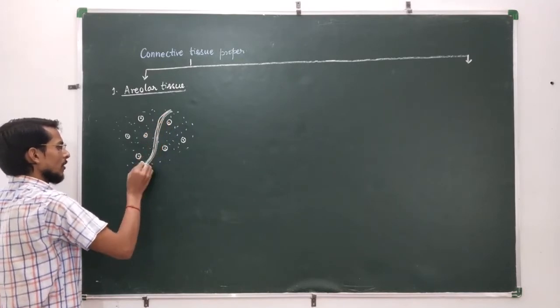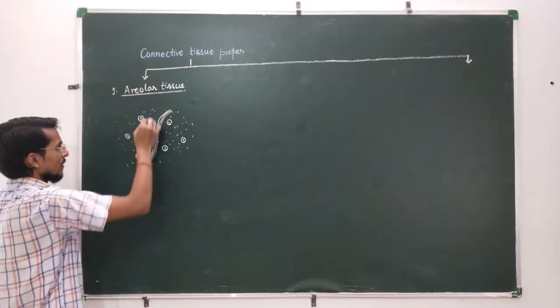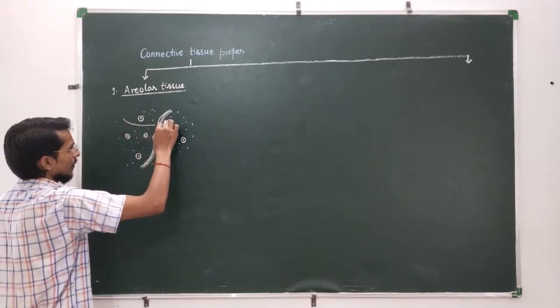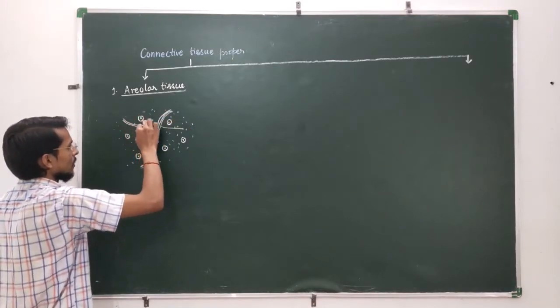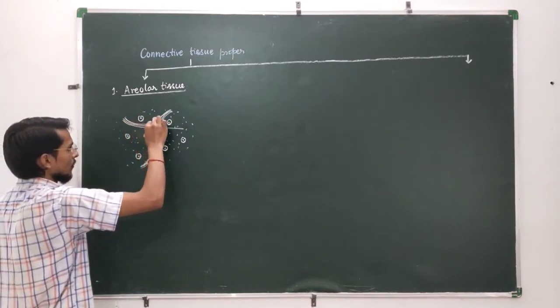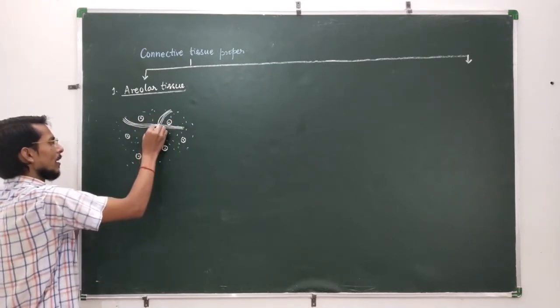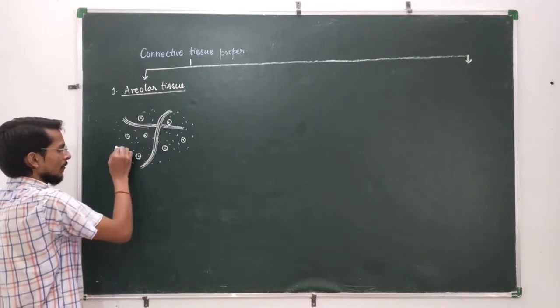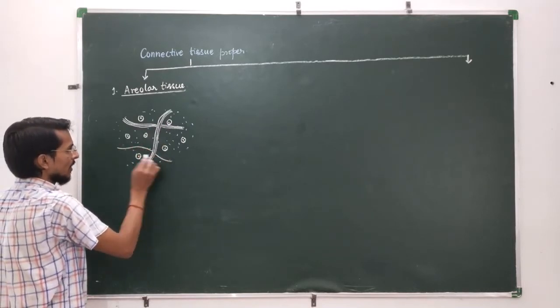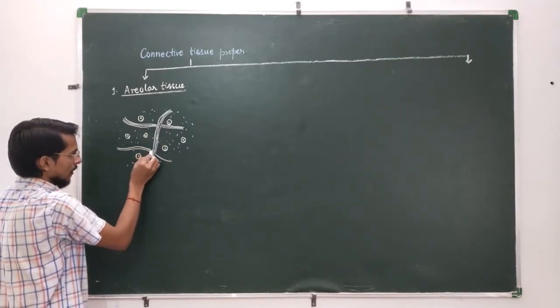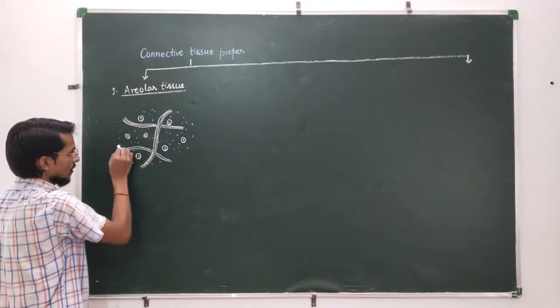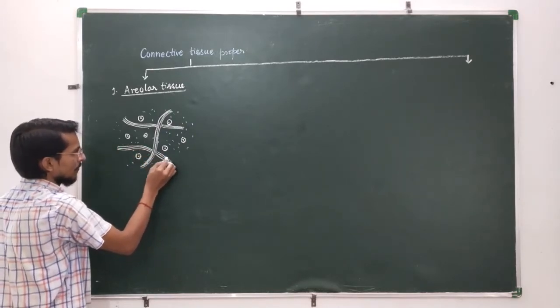In biology, when you try to understand the facts with the help of a figure, it is much easier to understand. Okay, so just try to make a figure, and your figure should not be highly diagrammatic. It should contain information, that is, the figure should be informative.